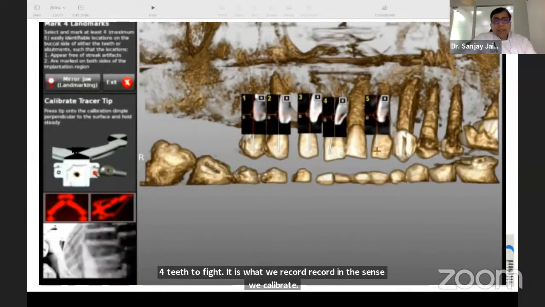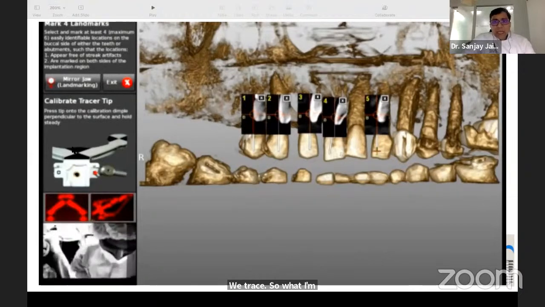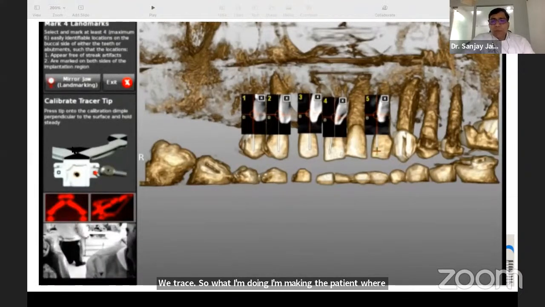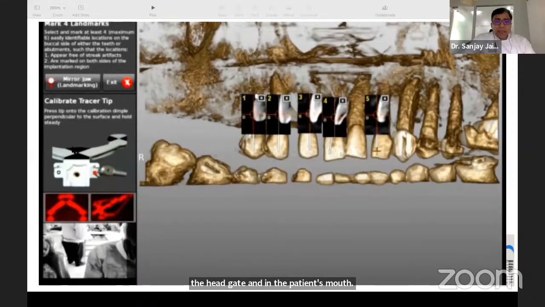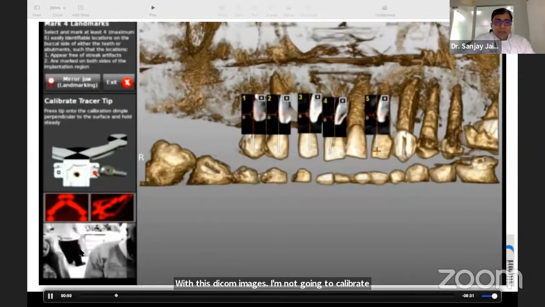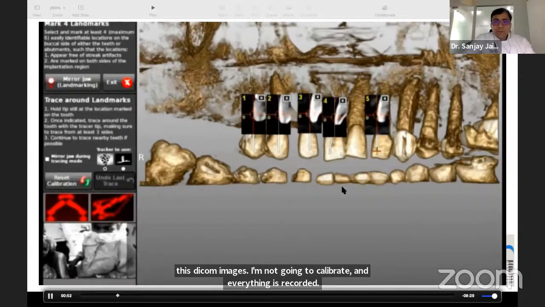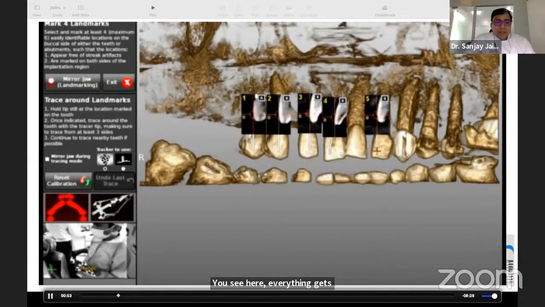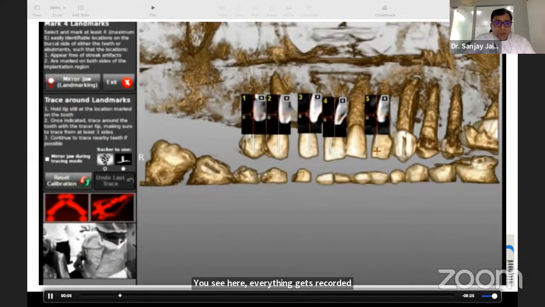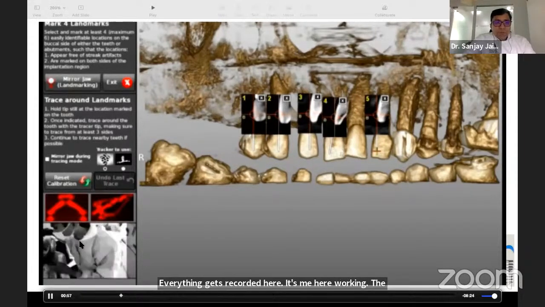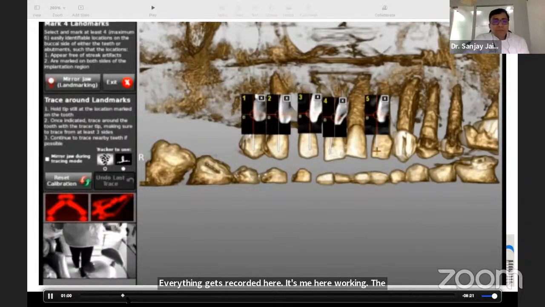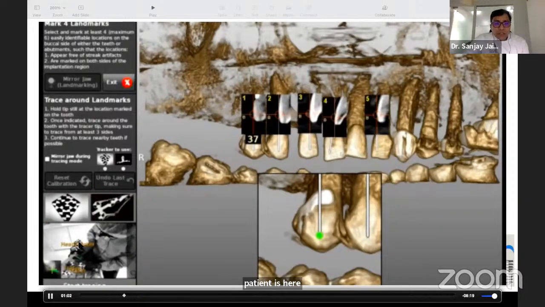What I'm doing is making the patient wear the headgear, and in the patient's mouth, with these DICOM images, I'm now going to calibrate, and everything gets recorded. It's me here working. The patient is here. She is made to wear a headgear.